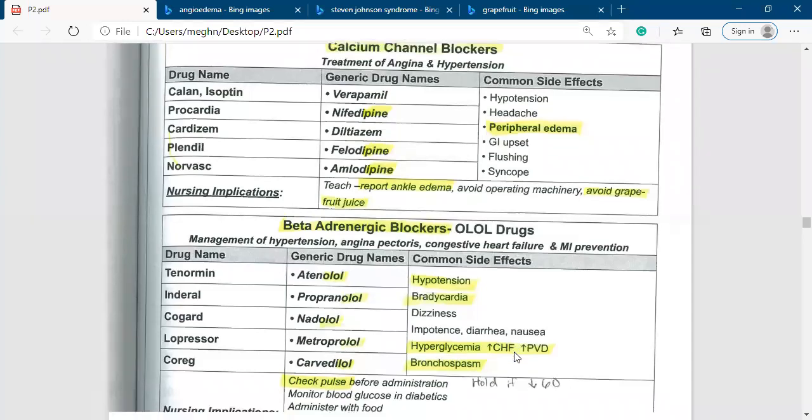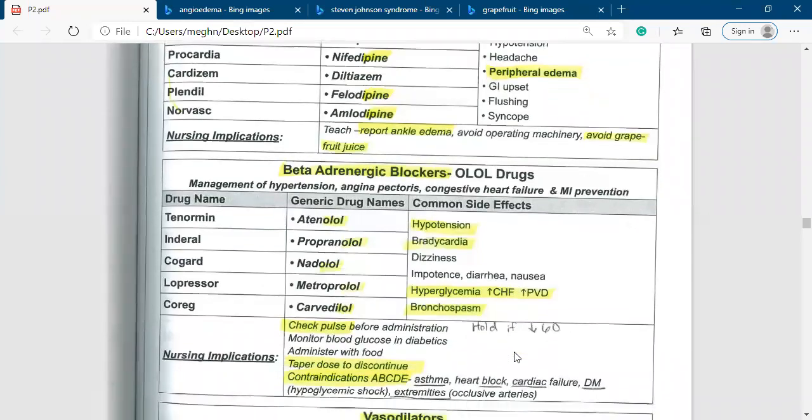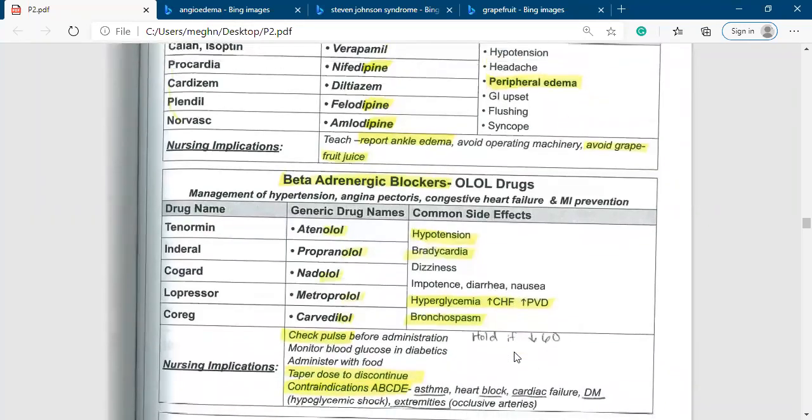So if I go next here, what are the nursing interventions? In case of calcium channel blocker, if the patient has developed ankle edema on the foot, right? We have to notify the healthcare provider, or if we see peripheral edema or ankle edema.